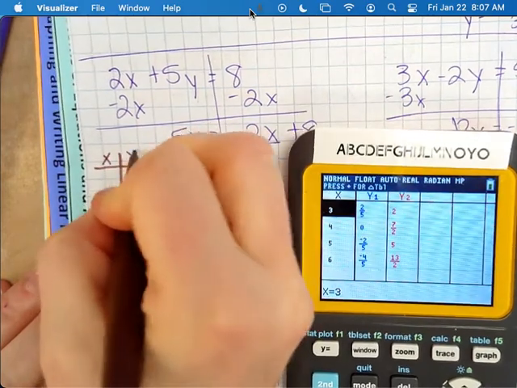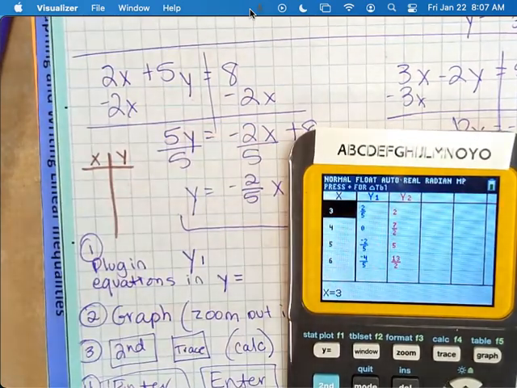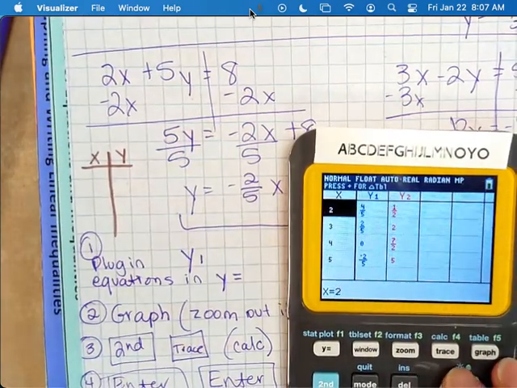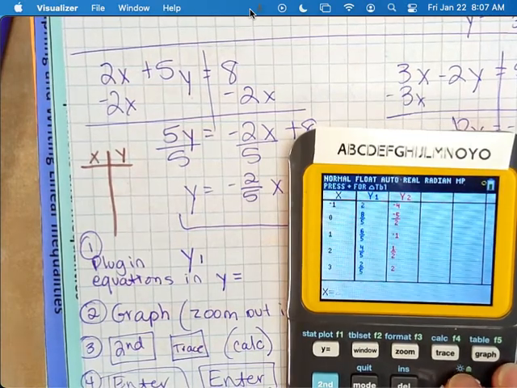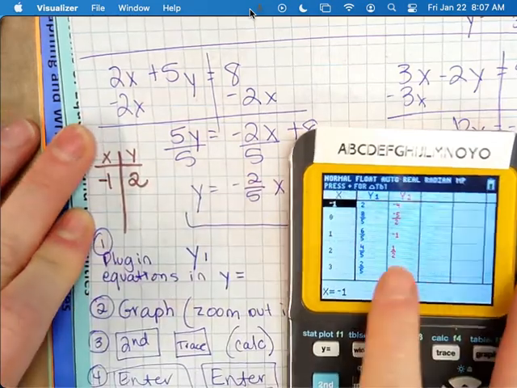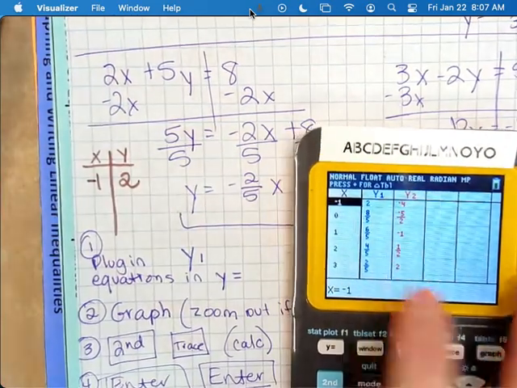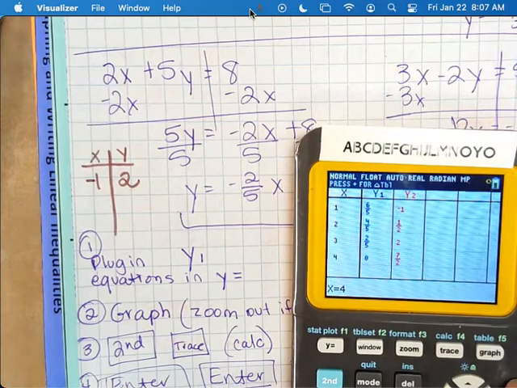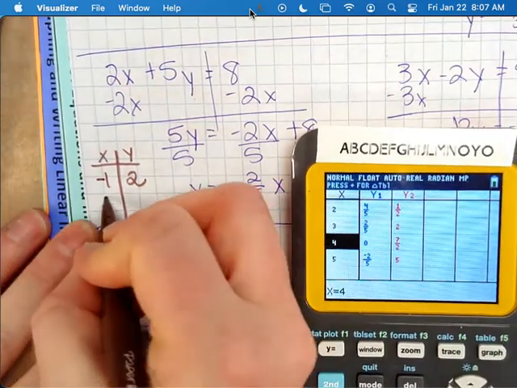Really, you only need 2. So let's do 2. So let's see, whole numbers. -1, 2 is with the blue one. And another point would be 4, 0.